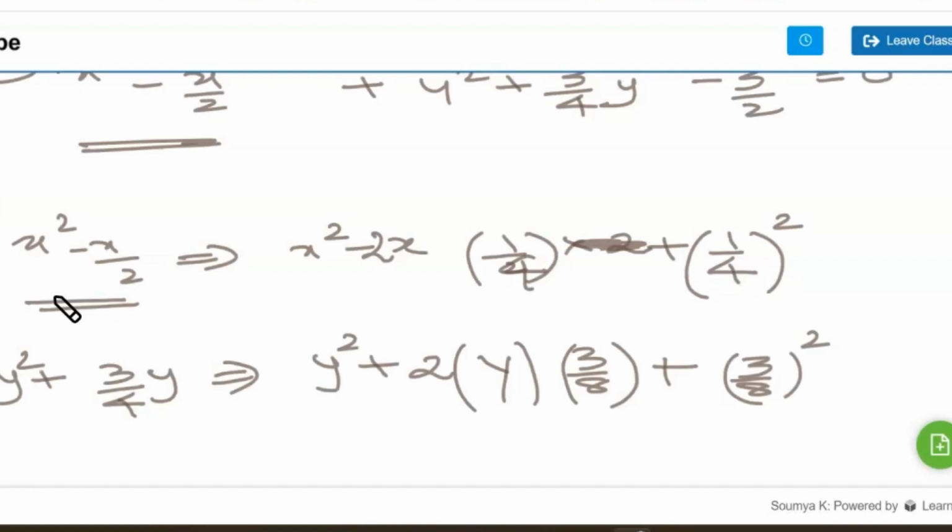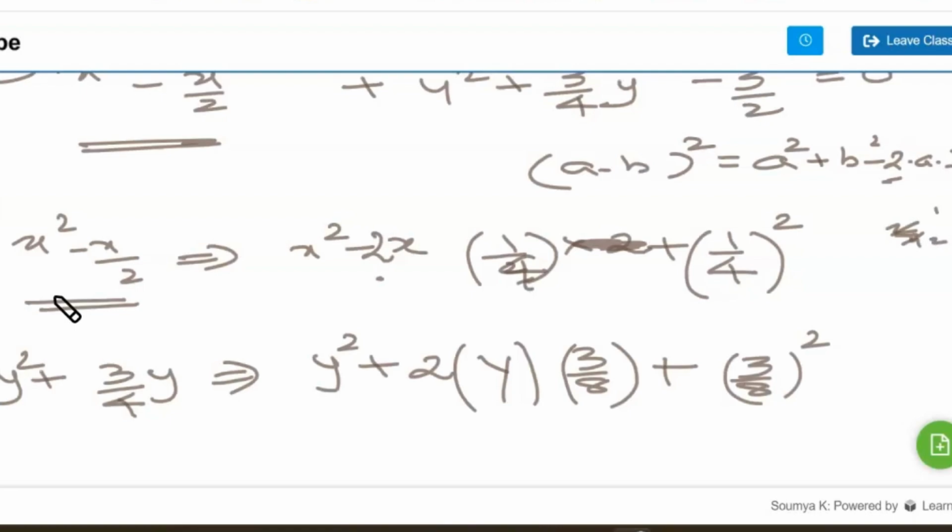So in that case, let it be x square here. Now you see, to complete a formula of a minus b the whole square, you need a square plus b square minus 2 into a into b. So this 2 should be there. That 2 is written here, and x is the a portion. And now you can't write it as 1 by 2, because if you write 1 by 2, this 2 and 2 will get cancelled and that will affect your original equation. If it is 4, what will happen? 2 by 4, when simplified, will be 1 by 2.